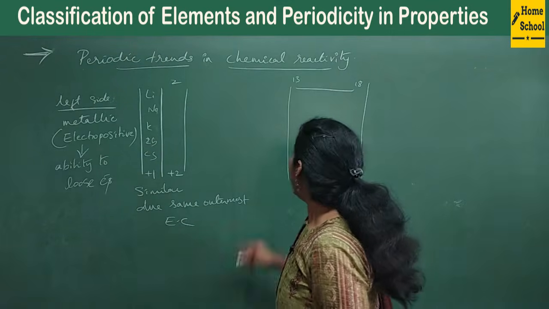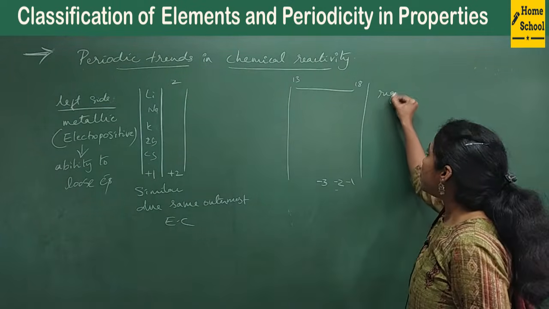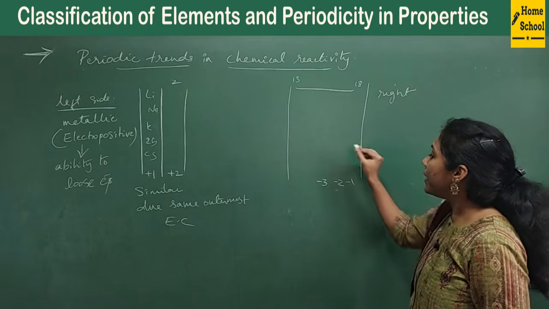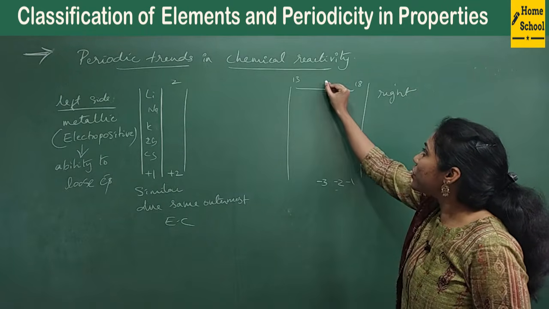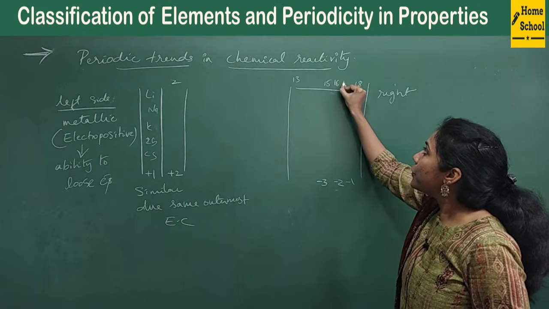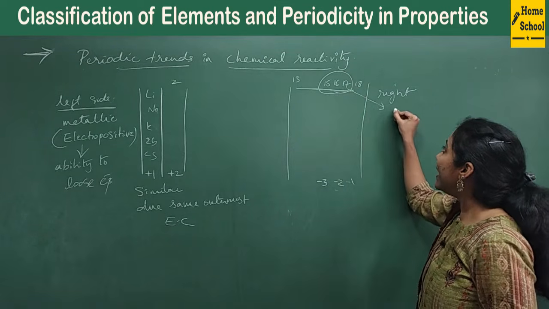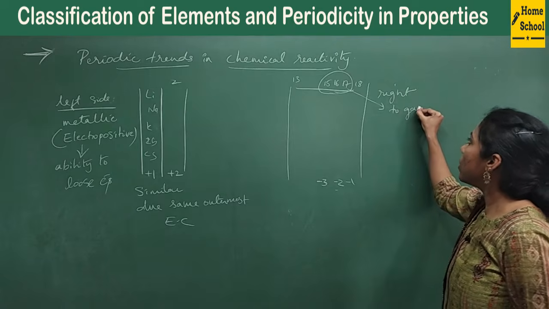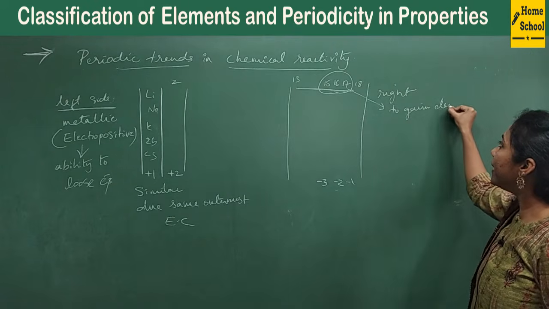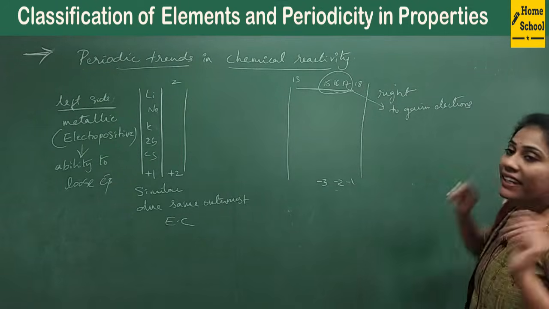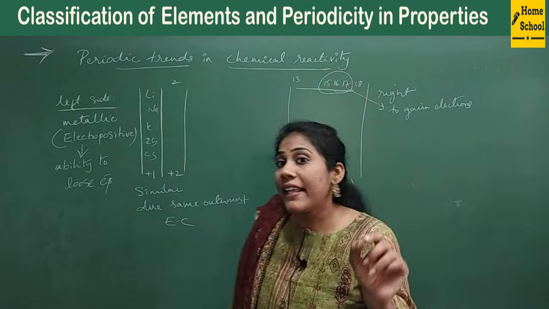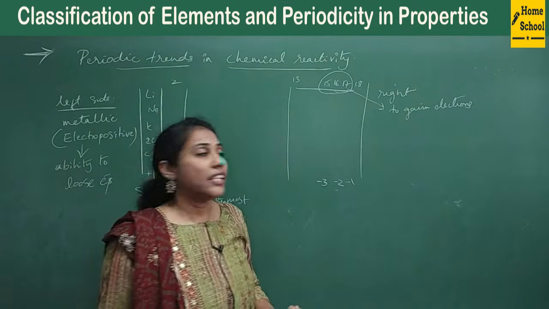And coming to the rightmost side of the table, you see these elements, especially 15th group, 16th group and 17th group. They have a tendency to gain electrons, because if they gain electrons, they get that stable electronic configuration.